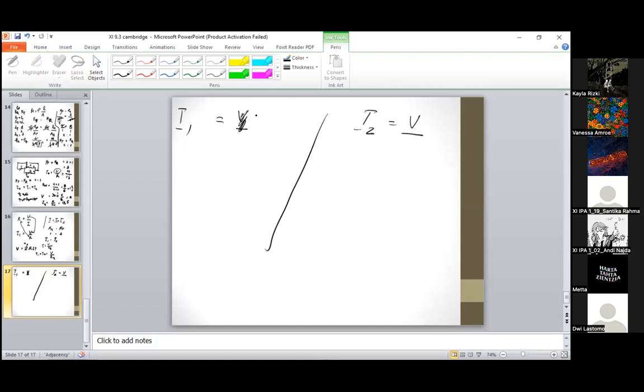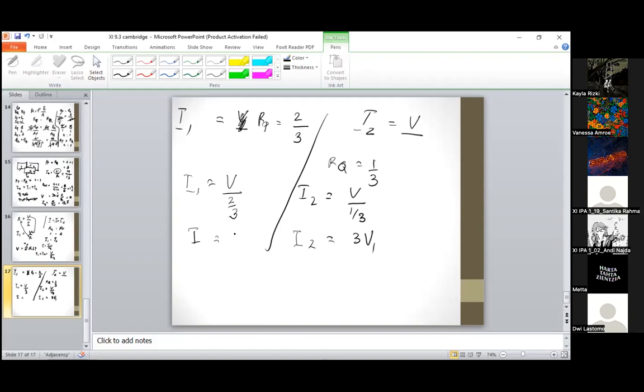So, per 3 and RQ is 1/3. So I will be V per 2 per 3, and so we can know that I2 is V per 1 per 3, while the I1 is 3V per 2.